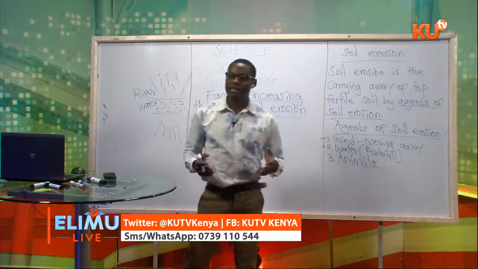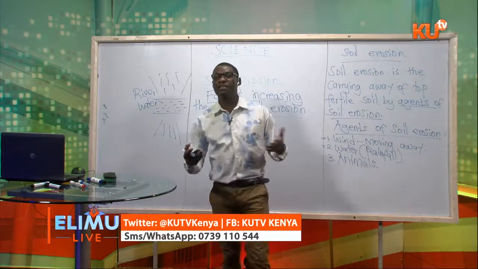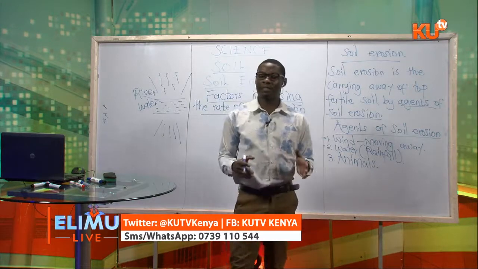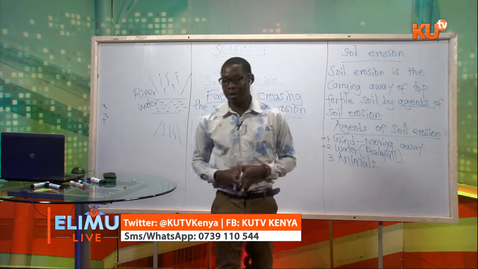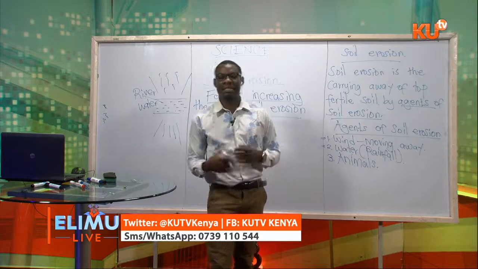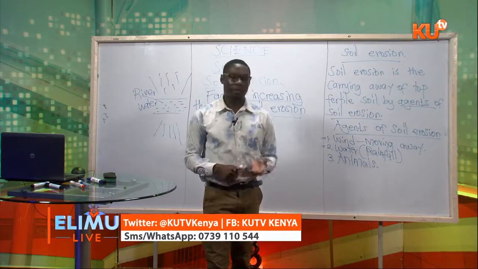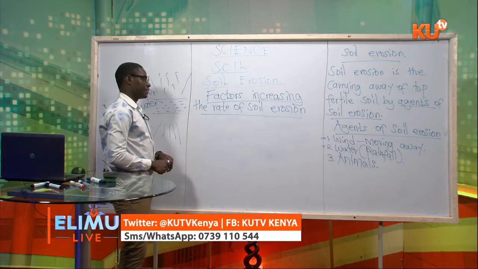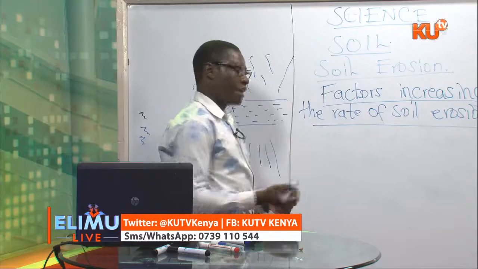You realize that the rate of soil erosion is always different depending on some other factors. We might find some places where soil erosion is so high, and some places where soil erosion is not as high compared to other places. So let's look at the factors increasing the rate of soil erosion.